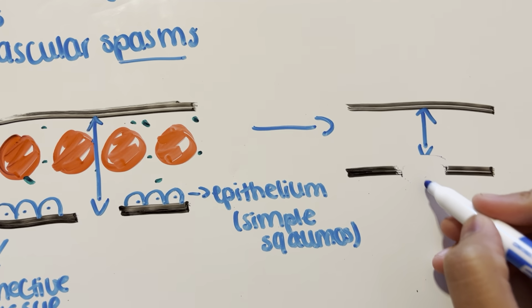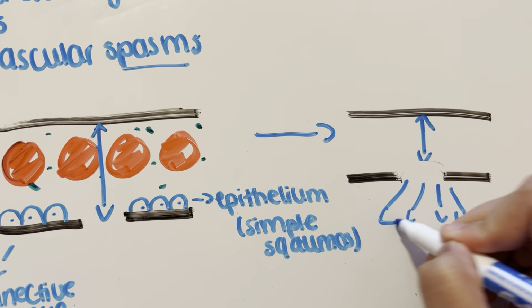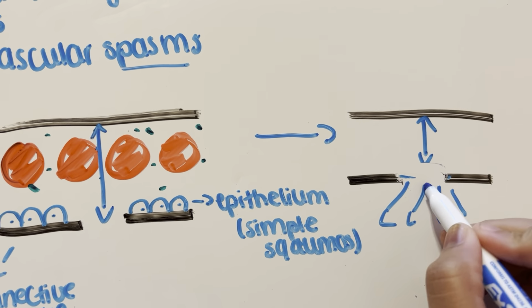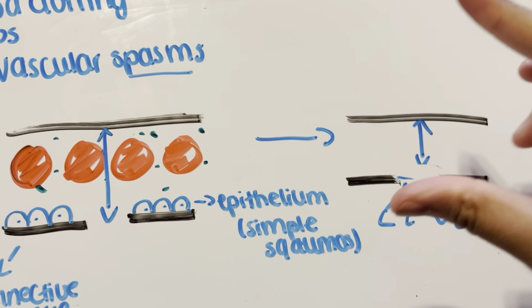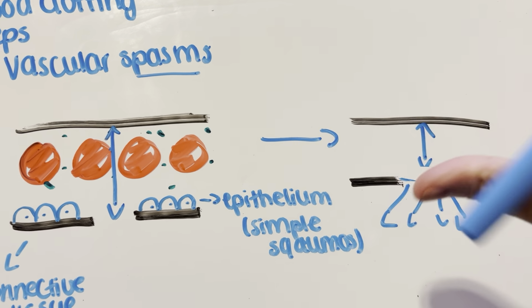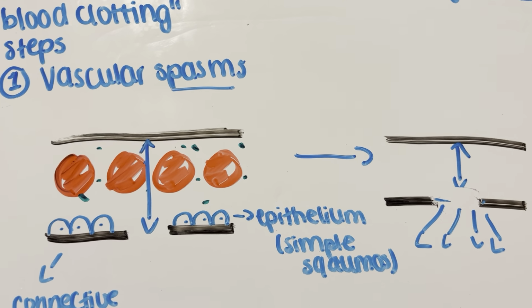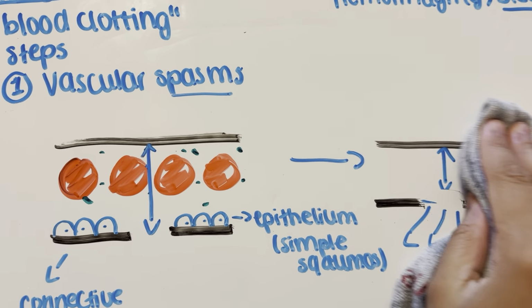And that means less and less blood can flow out of here. So before clotting happens and it's trying to heal this wound right here, your body's literally going to close it right here, the blood vessel. So that's my first step, and it's called vascular spasm.